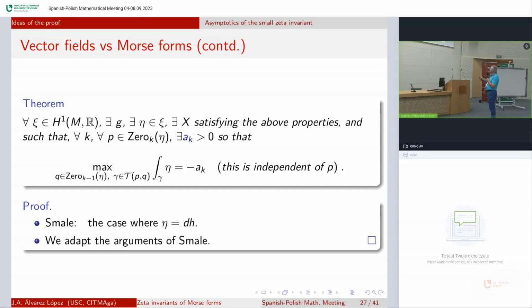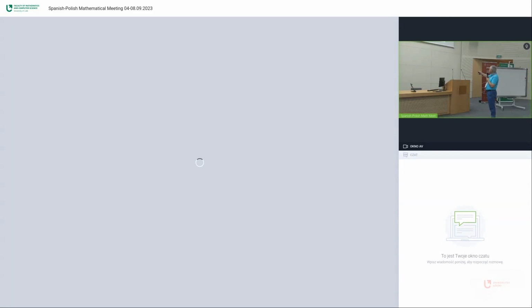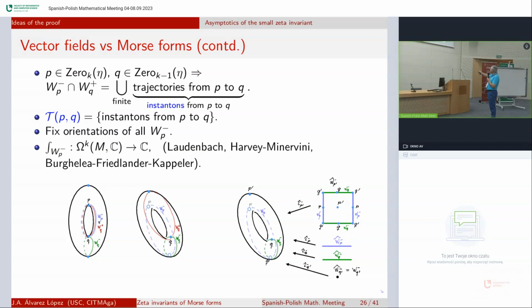In the case of a Morse function, it means that all flow lines, all instantons from, say, Q to the bottom, have the same integral. The integral of the differential of the function is the same for all those instantons between two fixed points. This can be proved in the case of the differential of a Morse function.